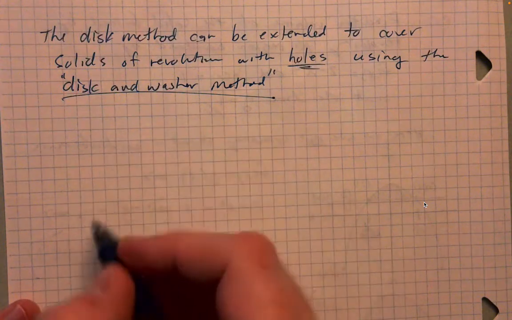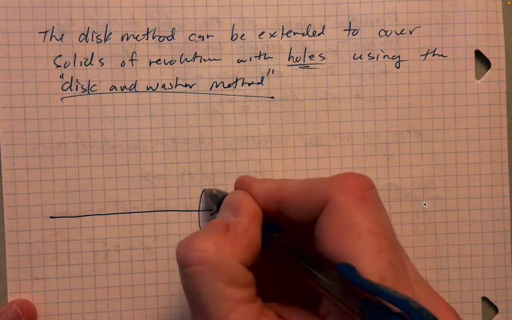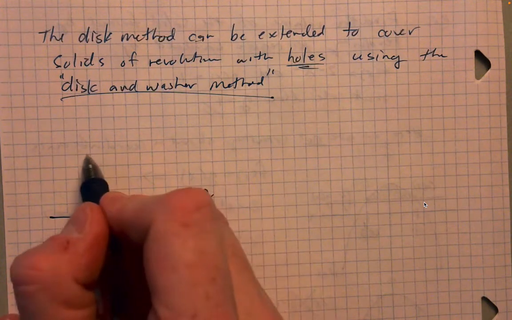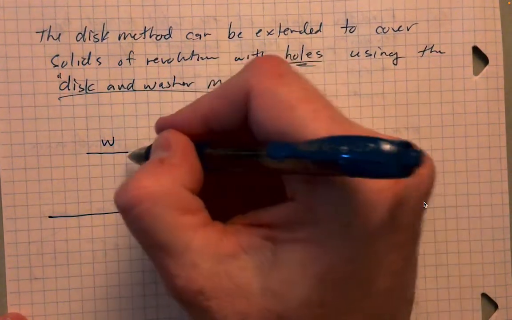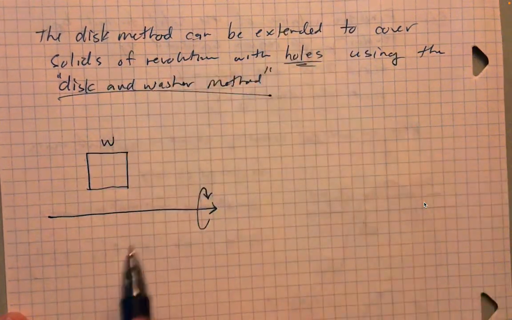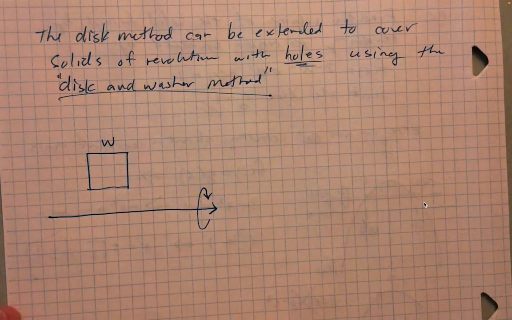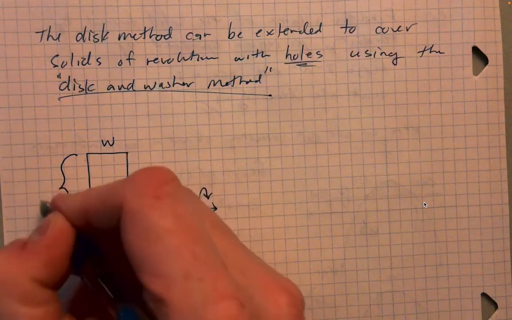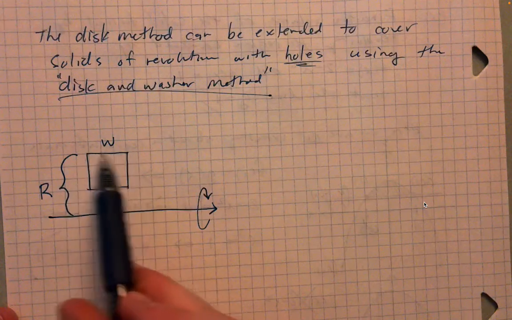But basically, here's the setup. So say I've got my x-axis. I'm going to revolve around this thing. Okay, and I've got my rectangle over here. It's going to have width w. Right, but it's not going to come all the way down to the x-axis. It's going to be some distance off of the x-axis, the axis of revolution in this case. And so what we'll do is we'll call this the outer radius. So it's the distance from the axis to the top of my rectangle.